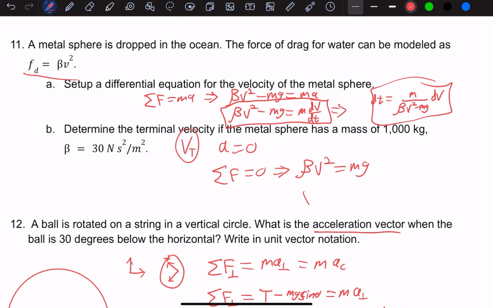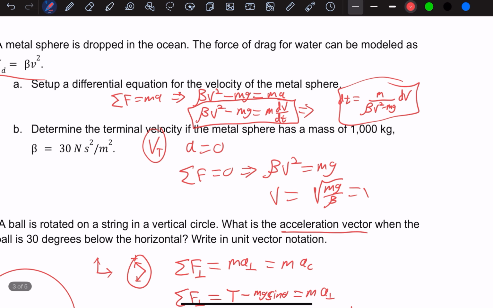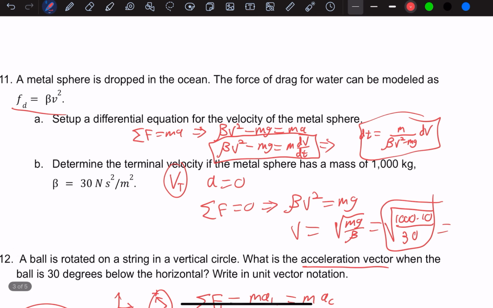So then we're just solving for v, so v is equal to the square root of mg over beta, and then we just plug in our variables at that point. So the square root of 1,000 times effectively 10 divided by 30. And the units should work out just right, so we'll just trust that will be the case, to give us velocity. So whatever the answer to that is, plug it in your calculator.